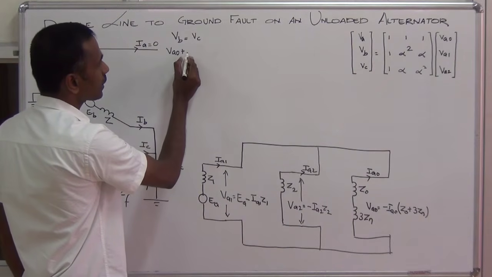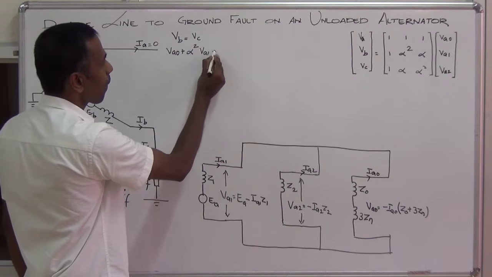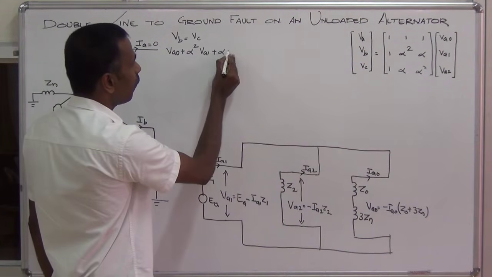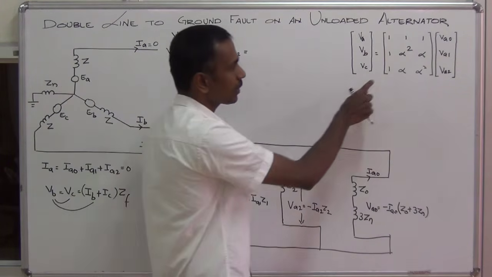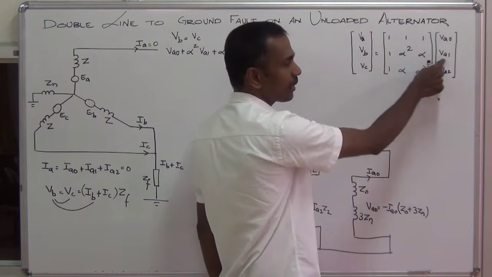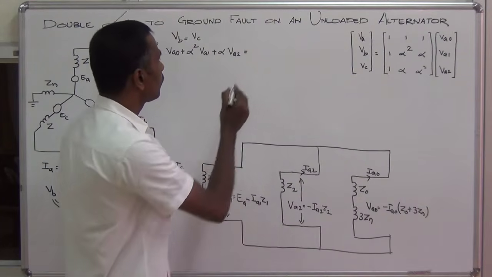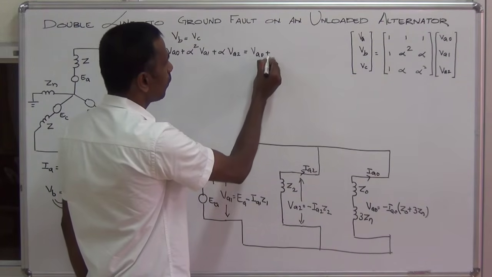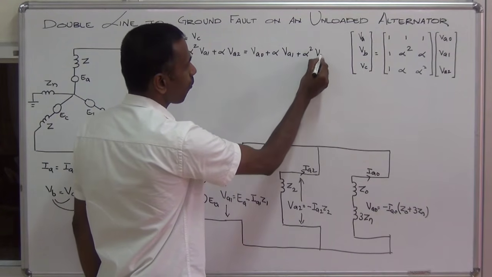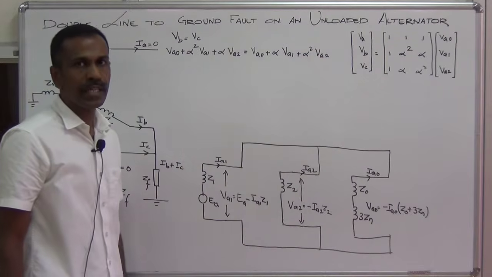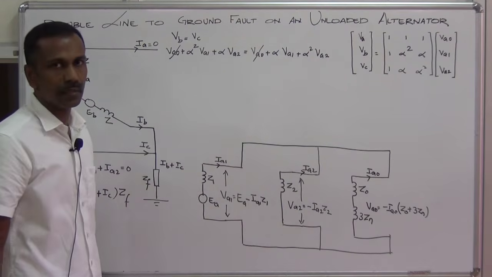VA0 plus alpha square VA1 plus alpha VA2 is equal to VC. VC equals VA0 plus alpha VA1 plus alpha square into VA2. Here VA0 will be getting cancelled.